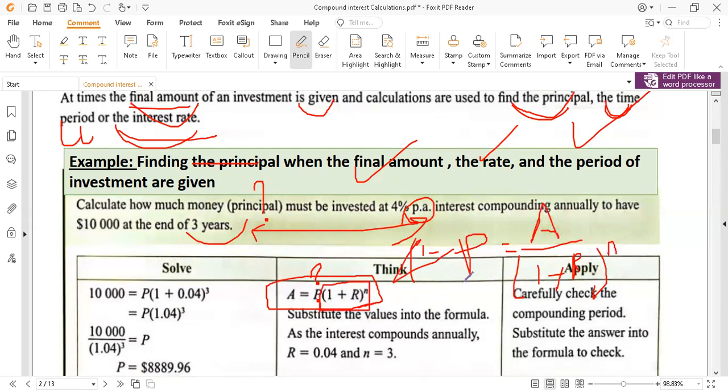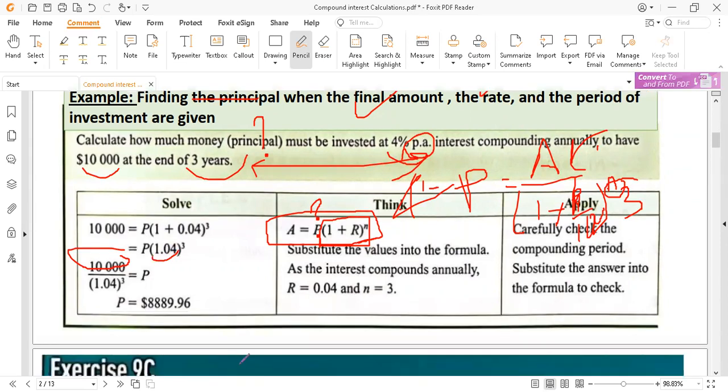Now we can easily substitute each term by its value. Big A is $10,000. The time is 3 years, so small n equals 3. Per annum, 4%, so small r equals 4, big R equals 4 over 100, which is 0.04, so 1.04 is the constant multiplier.